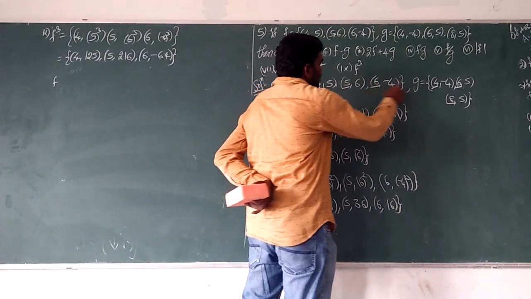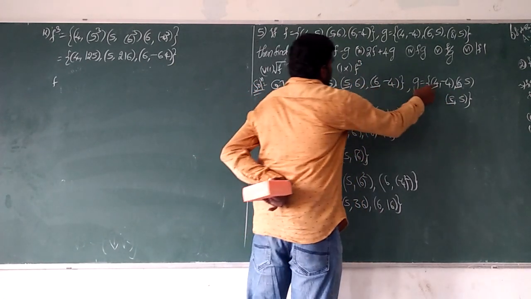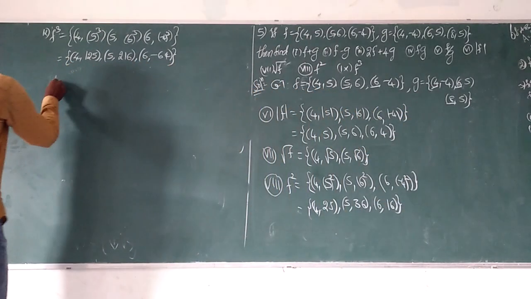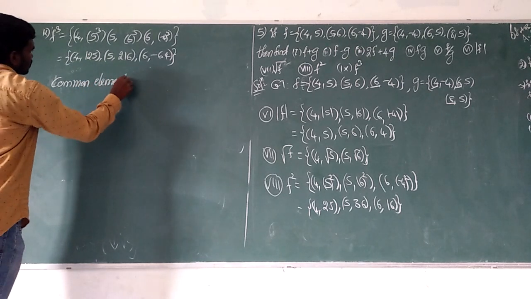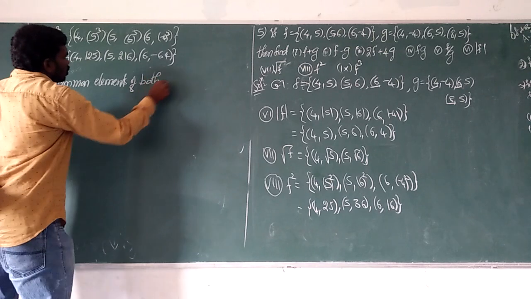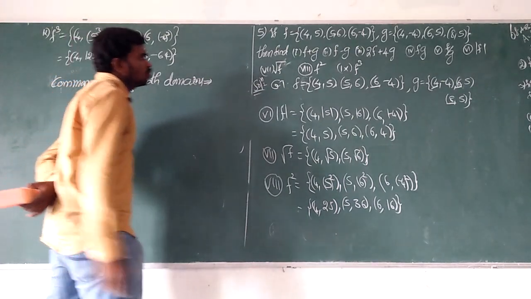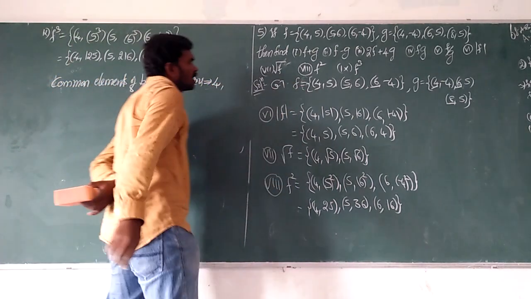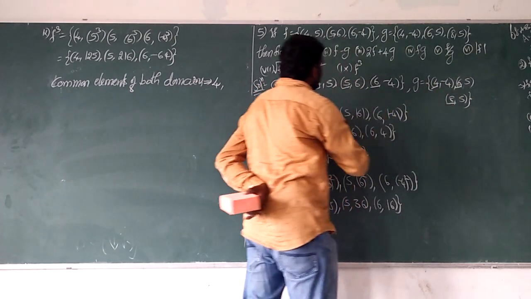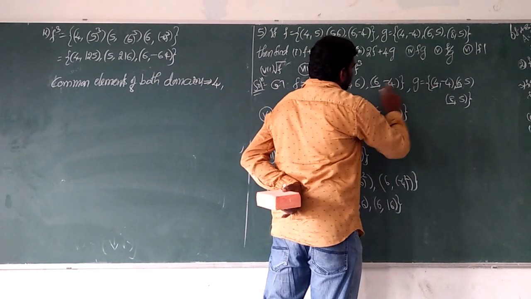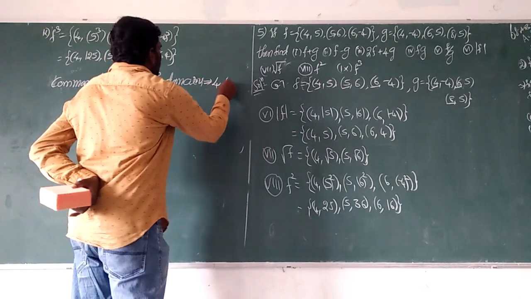Domain means first elements. Here 4, here 4, so 4 is common. The common elements of both domains are 4 and, see, is 5 common in both? No. Then see 6. Is 6 common? Yes, 6 is common in both.